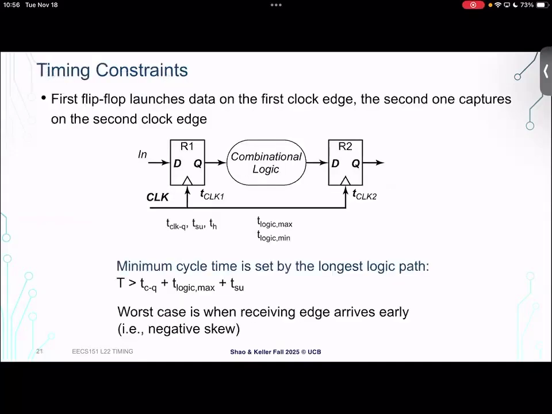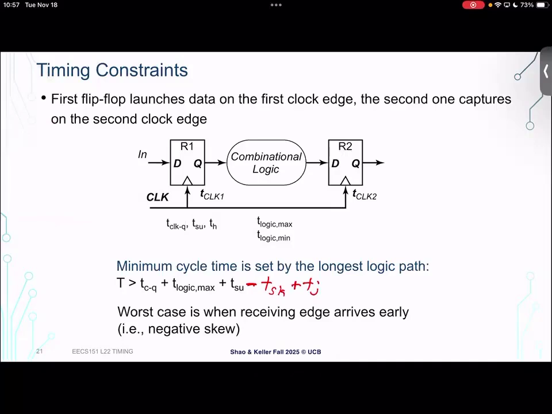And so, in fact, we need to go ahead and update our timing constraints to account for the presence of skew and jitter, right? And so that minimum cycle time, we now need to subtract the skew and add jitter. The jitter is always hurting us, right?